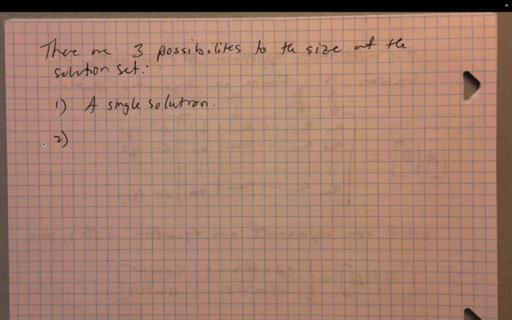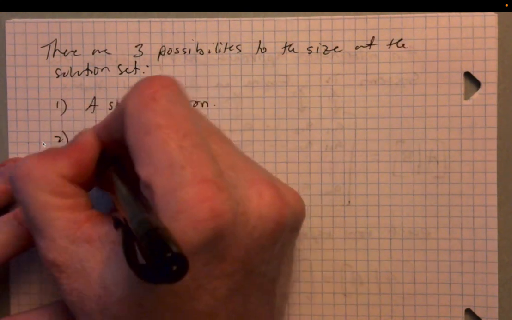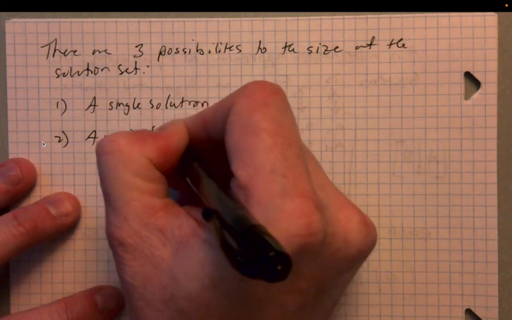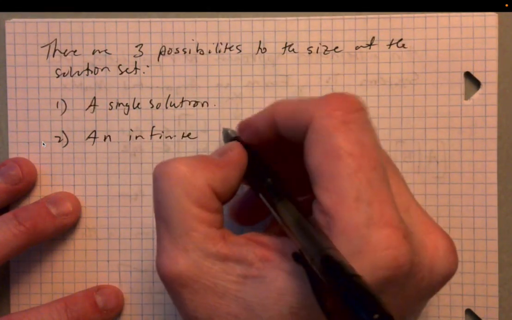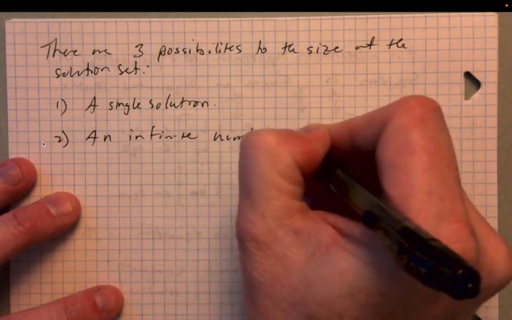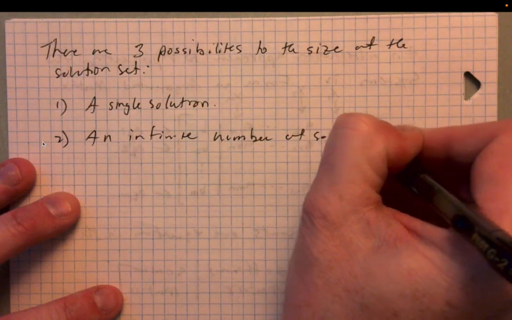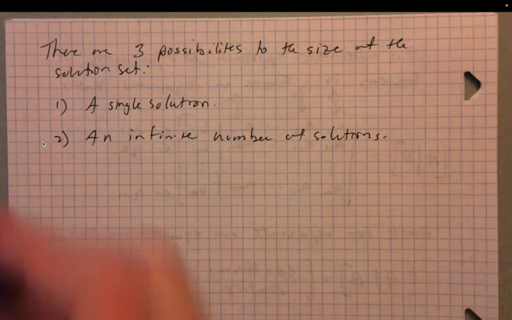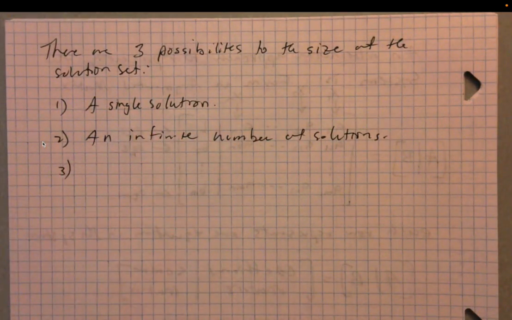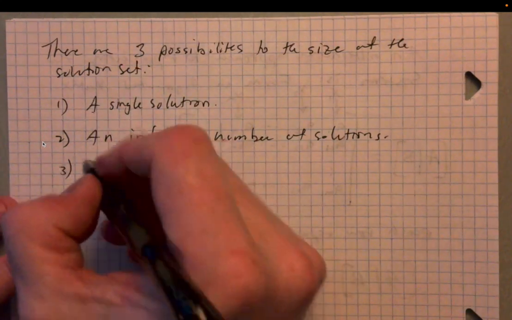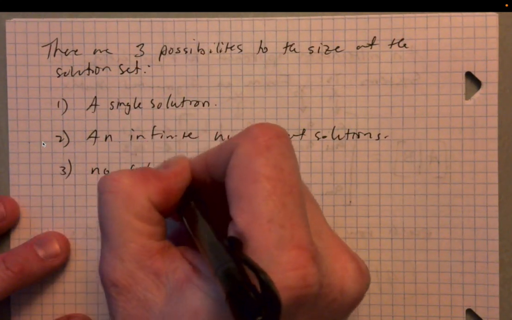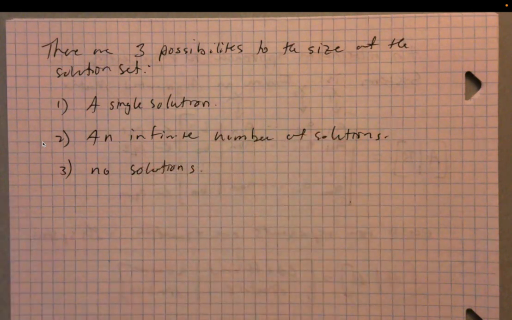The second option is there can be an infinite number of solutions. And then the third option is, well, what do you guess, right? It's either one, infinitely many, or none, no solutions. Okay, a single solution, an infinite number of solutions, or no solution. Those are the three options.